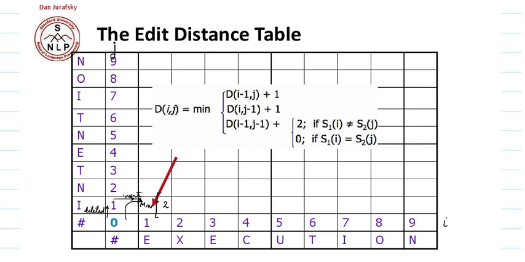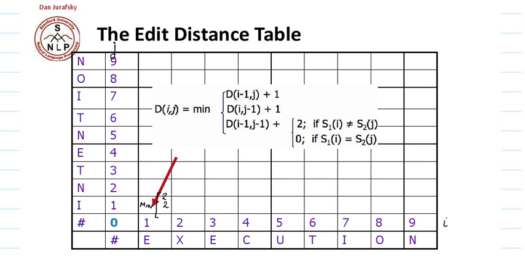I am moving from d(i-1, j) to d(i, j). So this is already 1 here. I insert 1, so this becomes 2. So I get a 2 value for this.